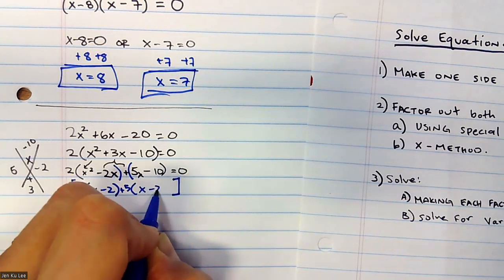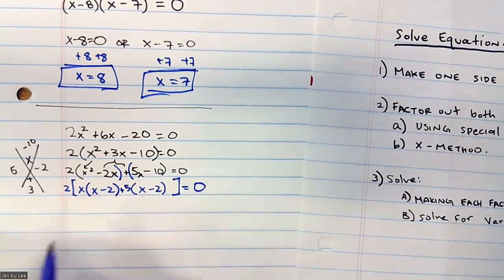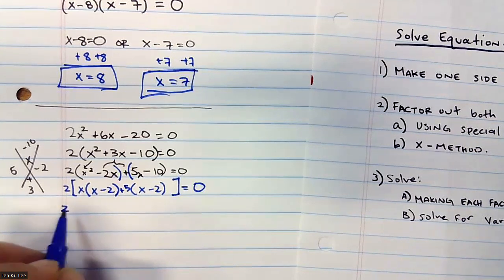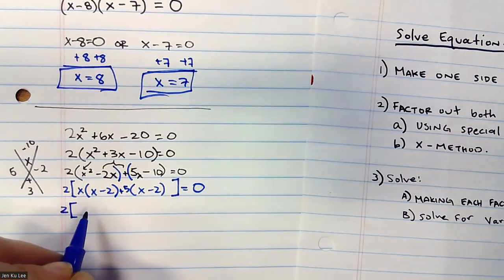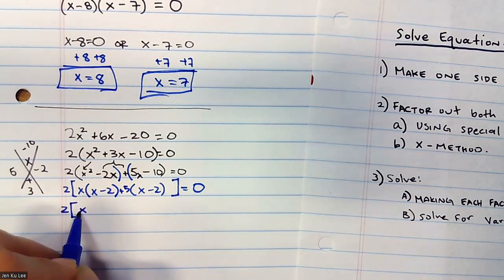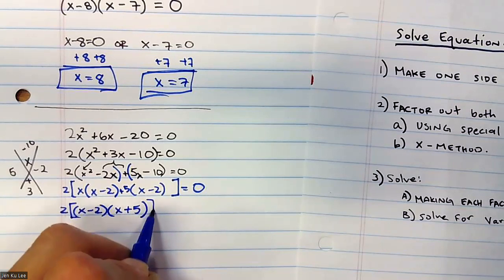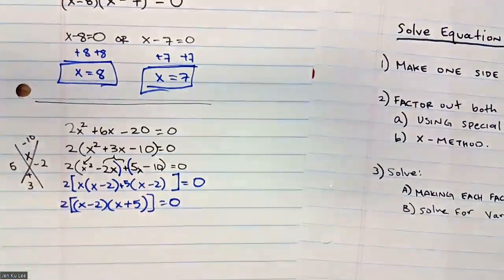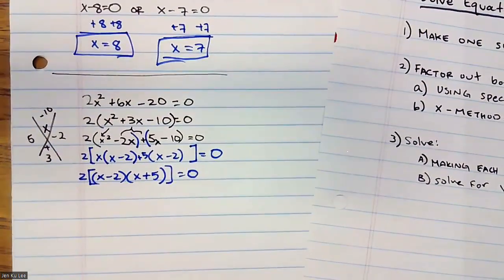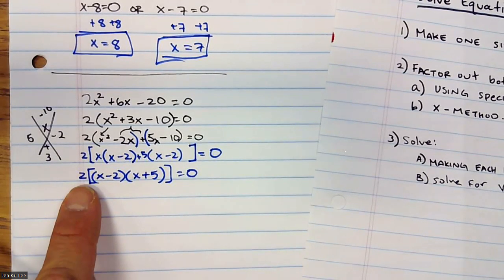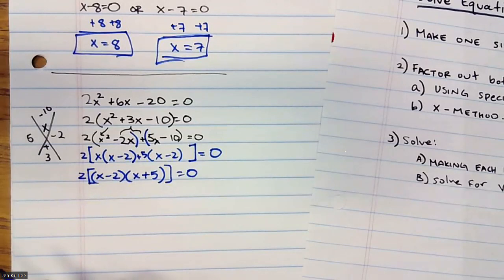And I have x minus 2 as well, right? Equals 0. So I have 2 times x minus 2 times x plus 5 equals 0. Right? Does this 2 really matter? No.